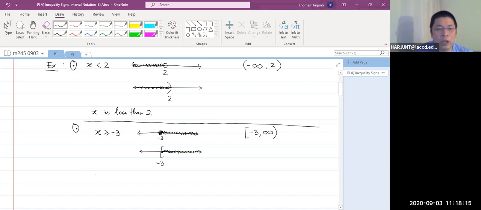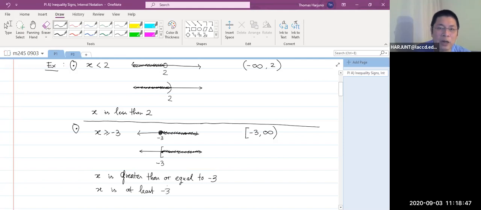Now, in wording, we usually say x is greater than or equal to negative 3. Another way to say it, x is at least negative 3.